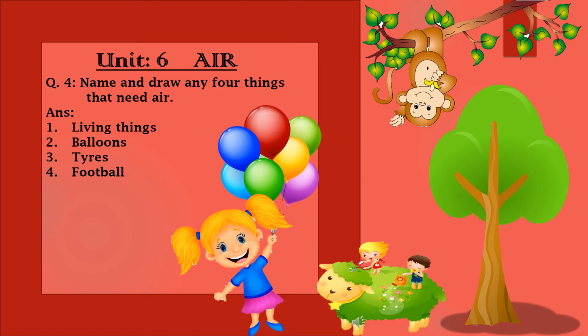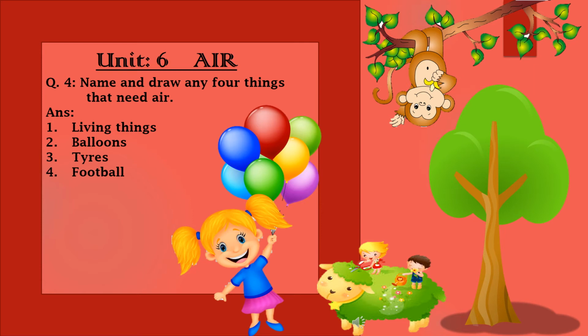So draw the margin line, write down the date, and write down Unit 6 air, question number 4. The question is: write the names of any 4 things that need air. The answer is, can you tell me?